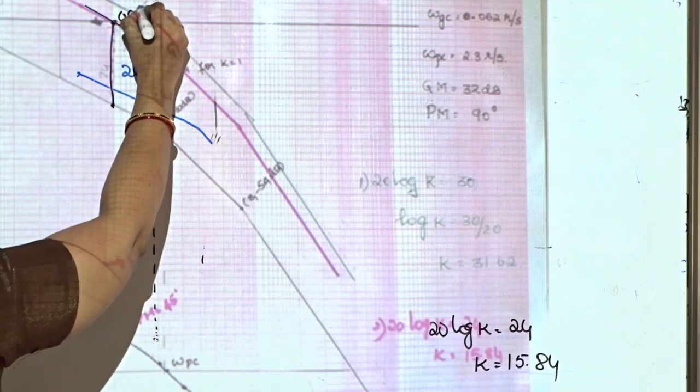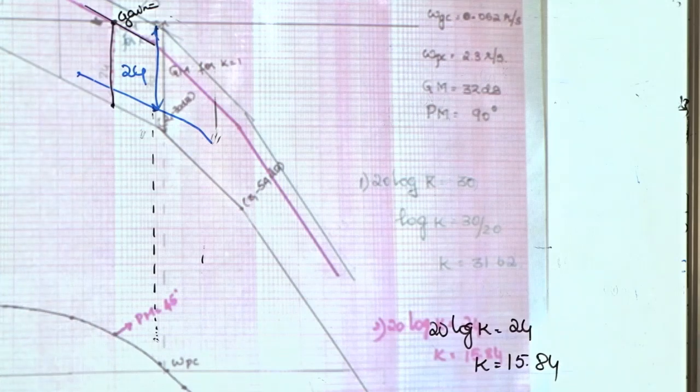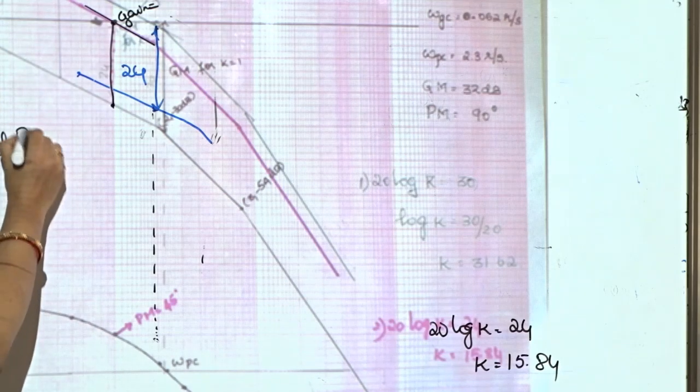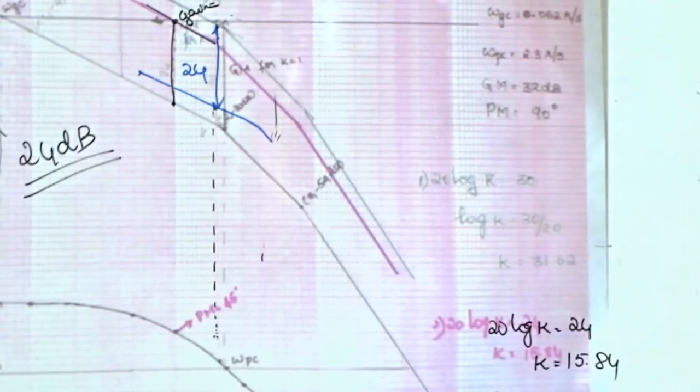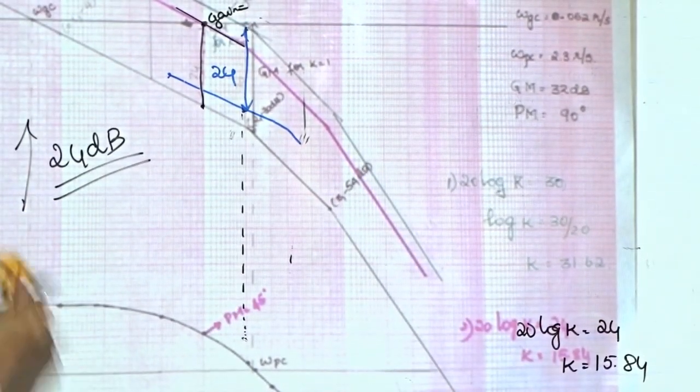By how much did I make it 0? By pushing it up by 24 dB. So substitute 20 log k equal to 24 dB.